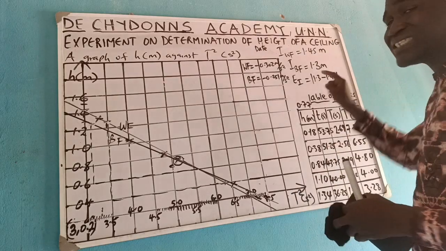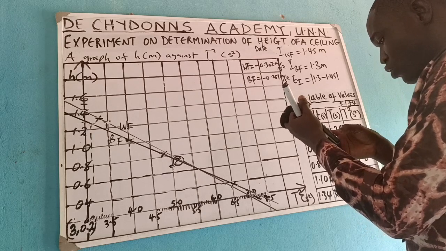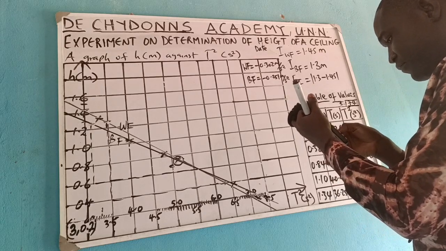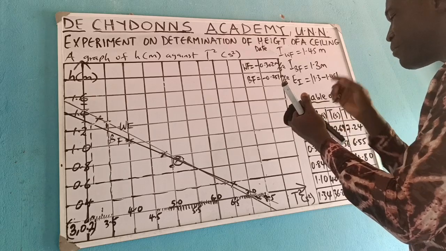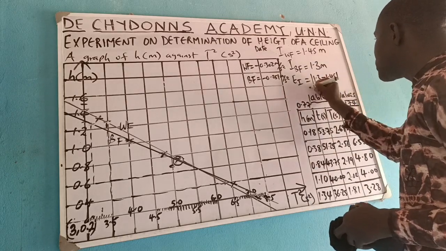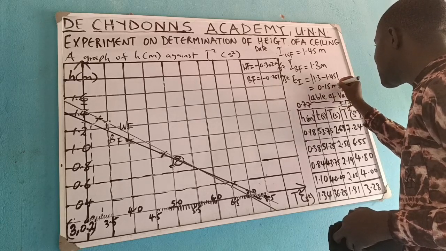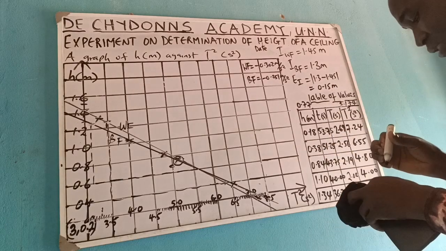But make sure the answer is positive. You write 1.3 minus 1.45. That will give minus 0.15. That means I will say it is 0.15 meter, no minus. That is the error in intercept.